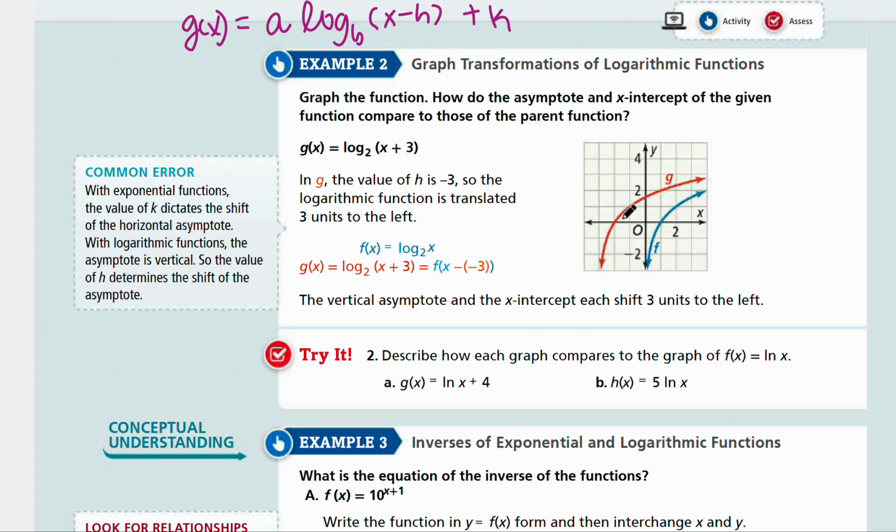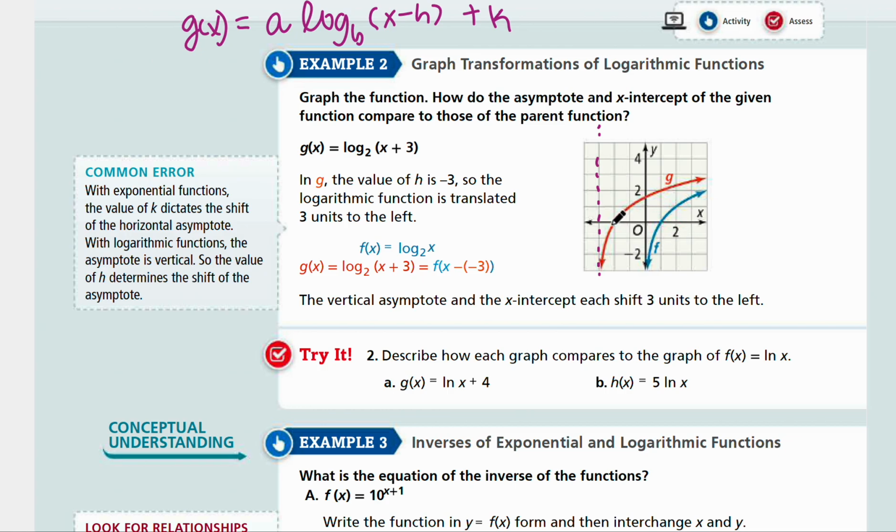So 1, 2, 3. Your x-intercept moves 1, 2, 3. All your other points move 1, 2, 3 to the left. Okay. And so that's it. And because your h has moved, your vertical asymptote also moves 3 units to the left. So now instead of the y-axis, you have a vertical asymptote over here.